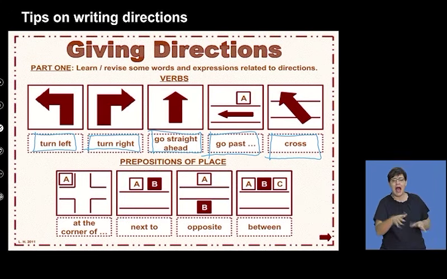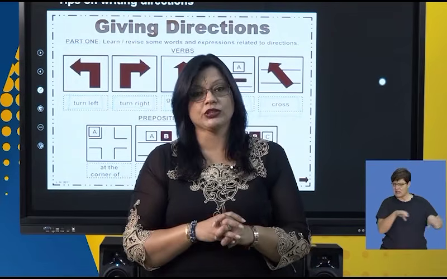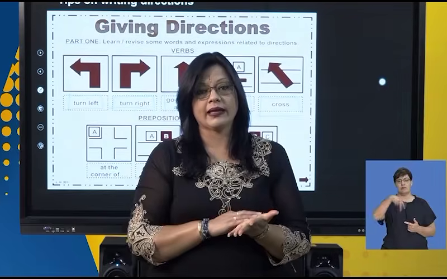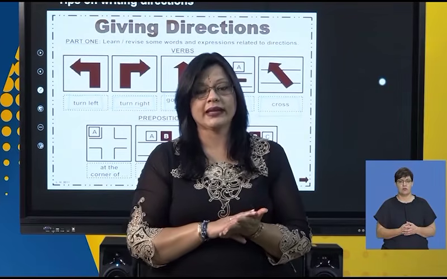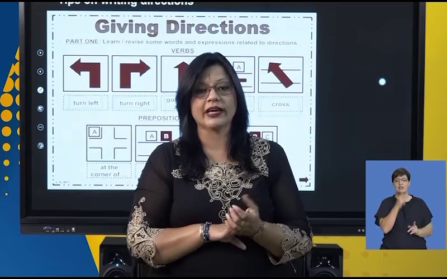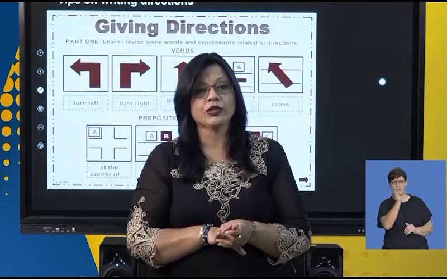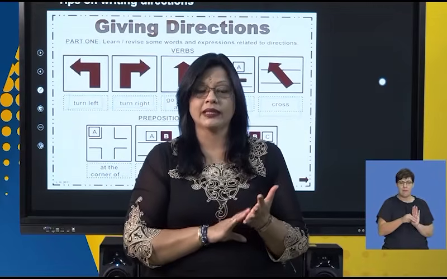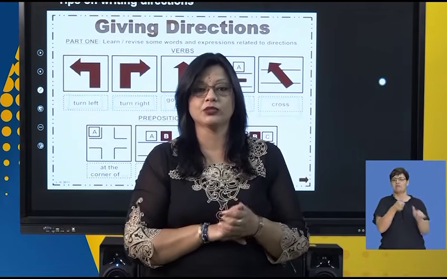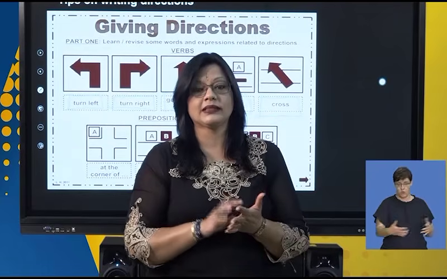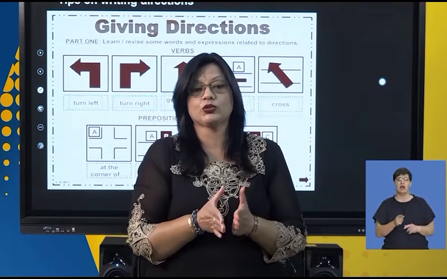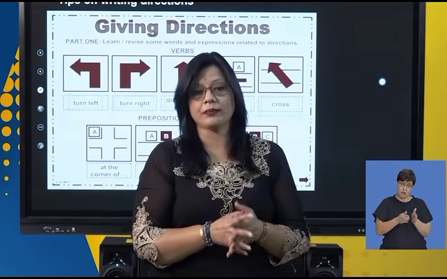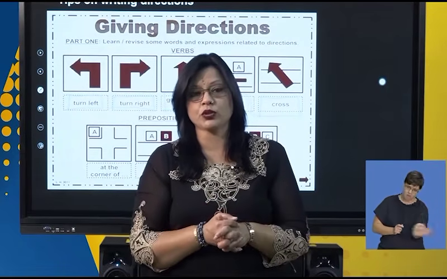So a good activity for you before you actually attempt a question on directions is, if you have a GPS or an app on your phone that gives you directions from one place to another, you could listen in on how the apps or the actual people speaking on those apps guide you. You will see sometimes it very clearly tells you turn left, turn right. Sometimes it even tells you to keep in a certain lane for 200 meters because a turn or an off-ramp is coming up. You could use all of that in your response for directions.